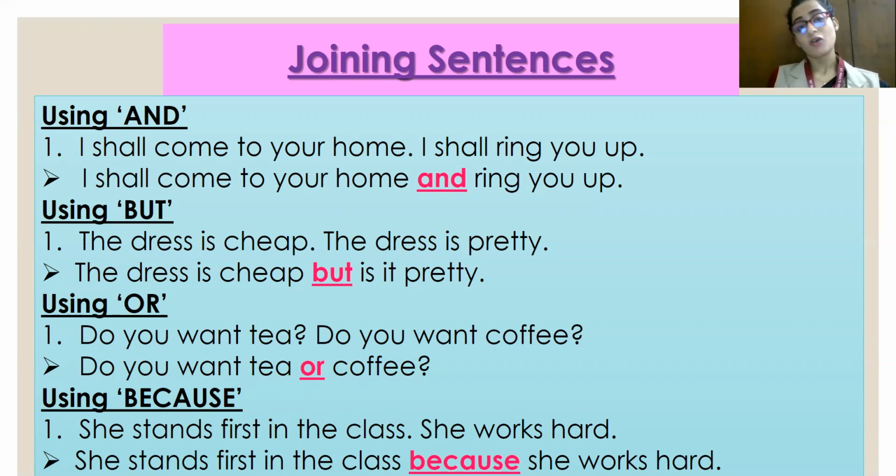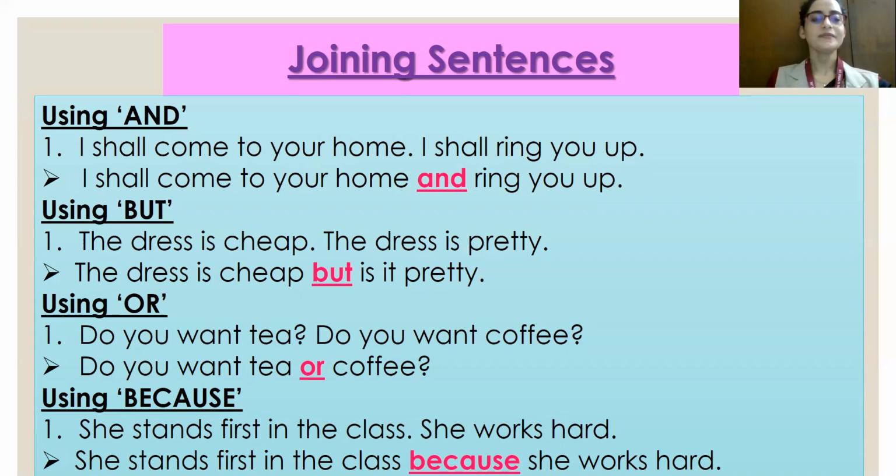So we can also write it the way: the dress is cheap but pretty. That will also be correct, right? Children, here we had used but and we had joined two sentences. You need to know what is the common thing in these two sentences. So we will not repeat those common things again and again.